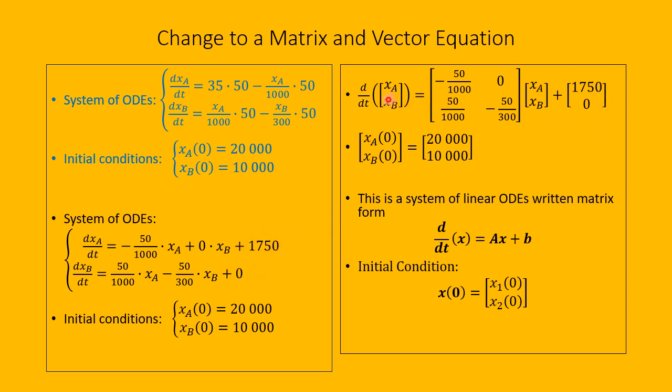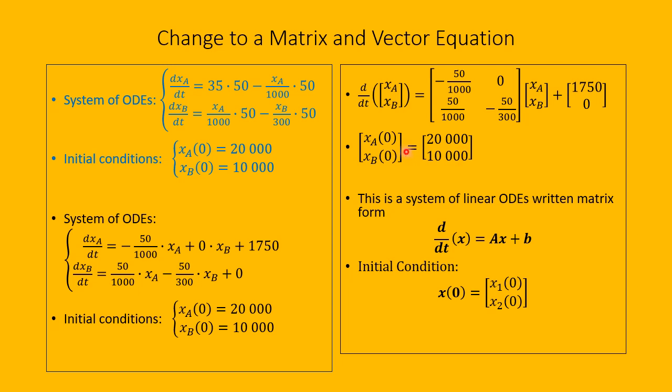So here we have a matrix times a column vector, which is going to give us a column vector with 2 components, plus this other column vector with 2 components.